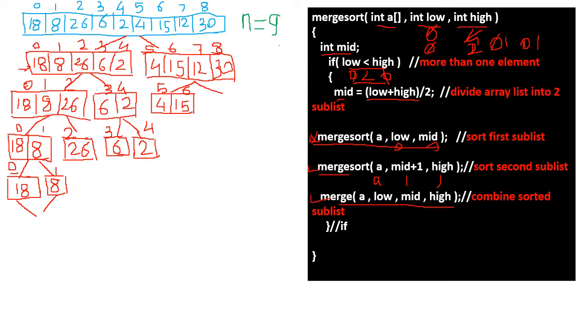This is a very important function. We will see it later. Here we merge these two sublists, but in sorted order, so we get 8 and 18 here. Okay, we will see it later.